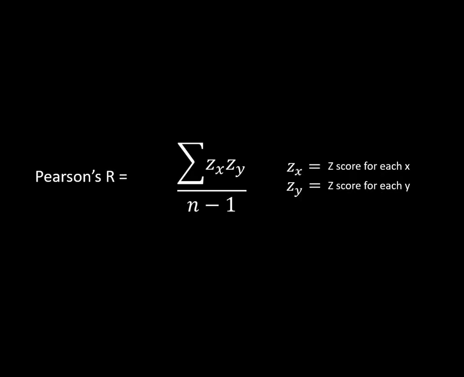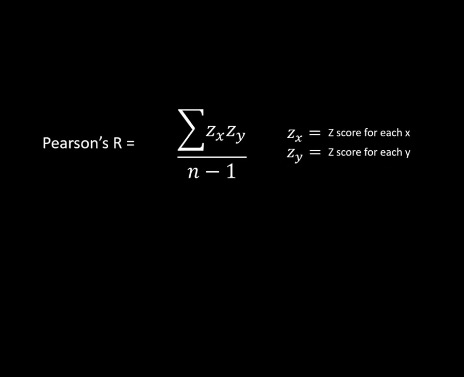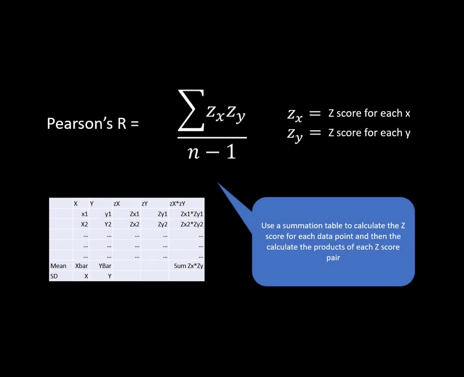Here's the formula for computing Pearson's R. It's the sum of the z-scores for x and y divided by n minus 1. You can use a summation table similar to the one in the box to compute the values. Hopefully you remember how to compute z-scores. You take each value for x, subtract the mean of all the x's, and divide by the standard deviation for all the x's, and then you do the same for the y values.